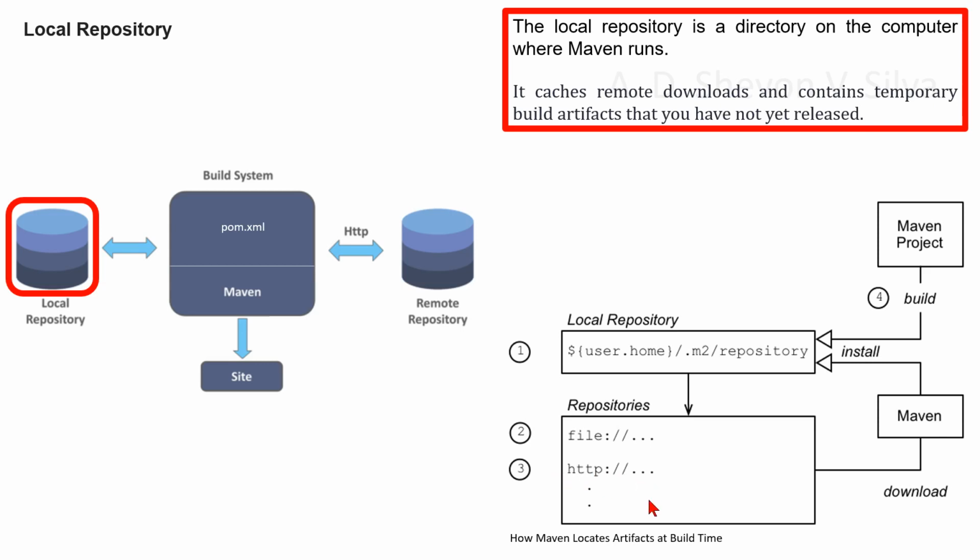And in step 4, the Maven project is connected to the local repository via build. In steps 2 and 3, the repositories are connected to the local repository via Maven download. The Maven project is connected to the local repository via build install.